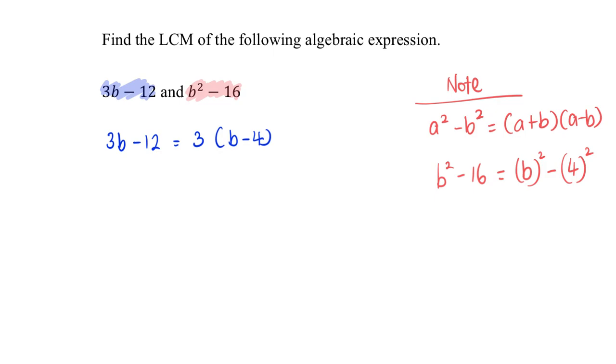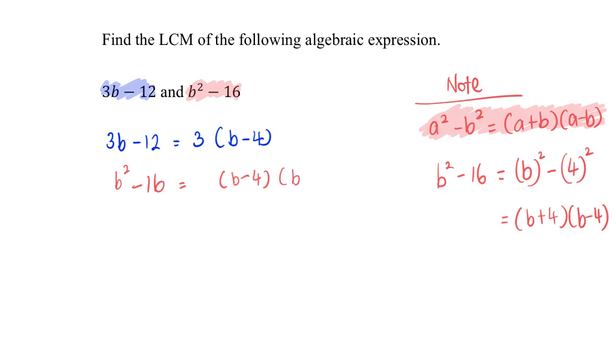And applying this special result, then I could rewrite it as b plus 4, b minus 4, which is what I am going to do now. And I saw that there is a b minus 4 and there is a b plus 4.